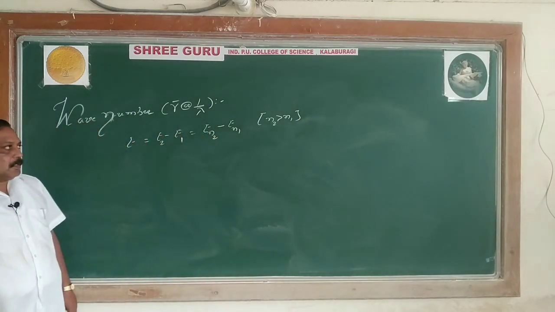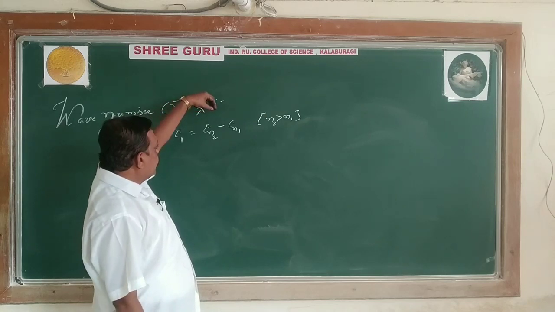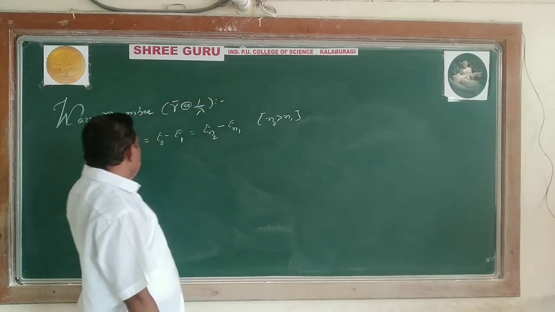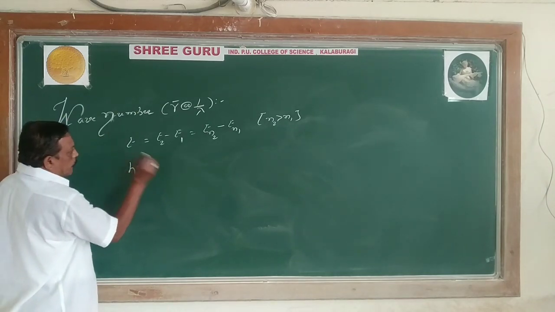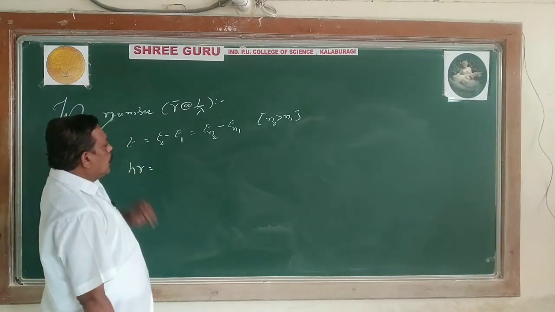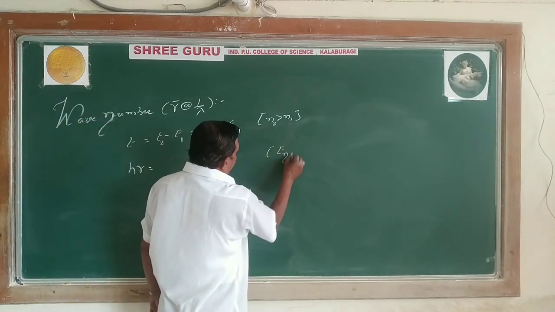Higher orbital state is n2, lower orbital state is n1. When the electron jumps from higher orbit to lower orbit, then only it emits energy E. E equals to h nu. What is En2? We know the energy of the nth orbit.